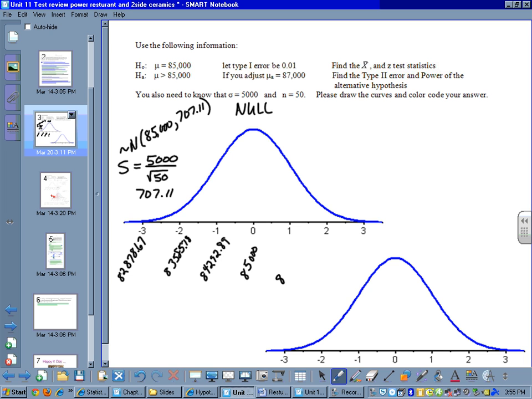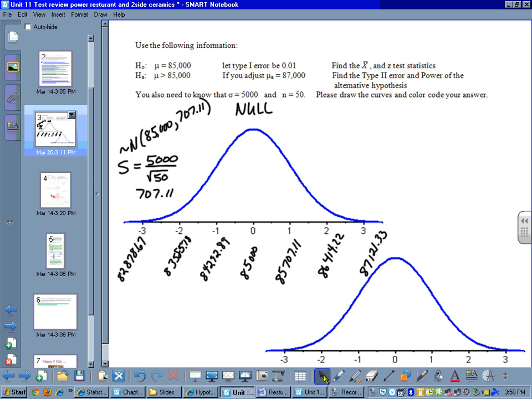Then I have 85,707.11, 86,414.22, and finally 87,121.33. All right, so that is my null hypothesis labeled.